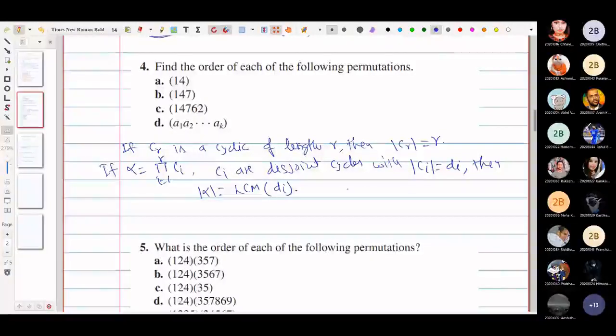Okay, so these two results we proved already while we were discussing the theory part. So it is very easy to find the order of each of these.